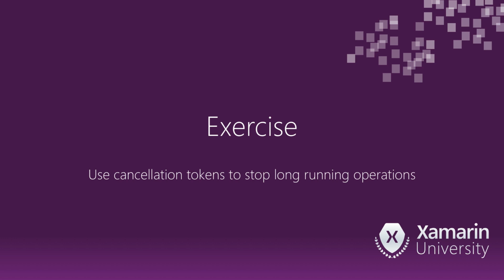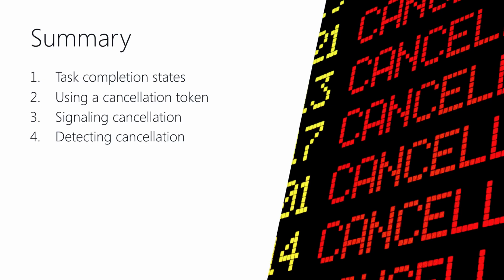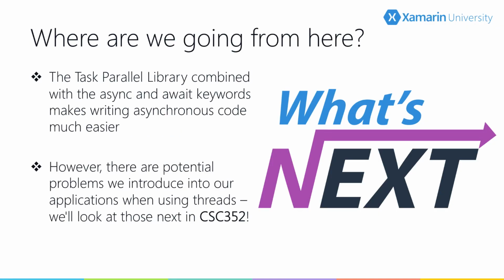When you're done with the exercise, you have reached the end of this class. You will then know how to check whether a task has completed, how to successfully cancel a task, react to the cancellation token, and very importantly, how to signal such a cancellation by using the cancellation token source.